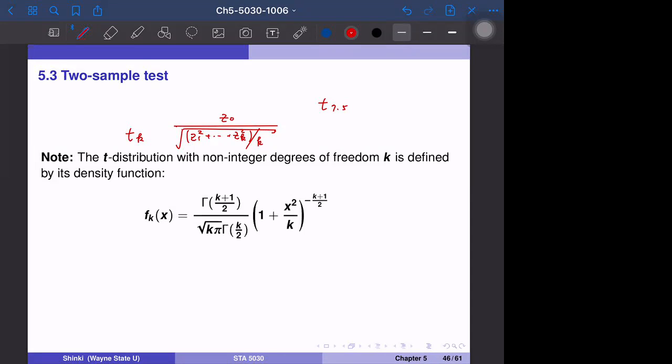But you can define it anyway, because the probability density function has this form. It is pretty complicated, but basically 1 plus x squared over k to the power negative k plus 1 over 2. The first factor is the normalizing constant. You can extend this definition to any k, actually k larger than or equal to 1. So the t distribution is defined for the fractional case.